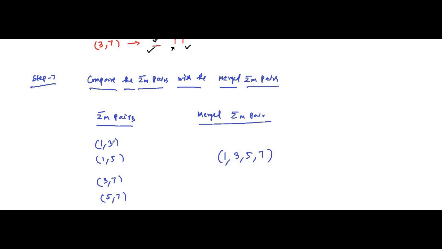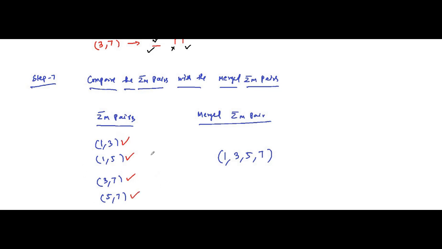Okay, see 13 is present here. 13 is present in the merged Minterm pair. So okay, this is check. 15 is also present in this merged Minterm pair. So this is also check. 37, okay, 37 is also present in the merged Minterm pair. 57, yes, 57 is also present in the merged Minterm pair.